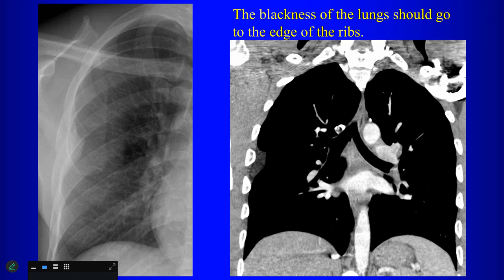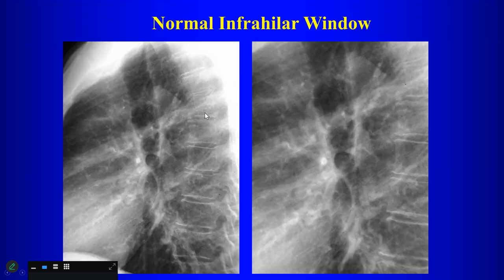So what is it? Is that hematoma? No, it's a lipoma. It's a pleural lipoma. So it's okay for this patient. But the point is, the blackness of the lungs should go to the edge of the ribs, and that's how you will avoid missing masses in the apices and missing masses along the lateral chest wall. That's the first thing that clues you in, and then as on that prior case, once you notice there's something there, you go back and look very carefully at the ribs to make sure you're not missing rib destruction.